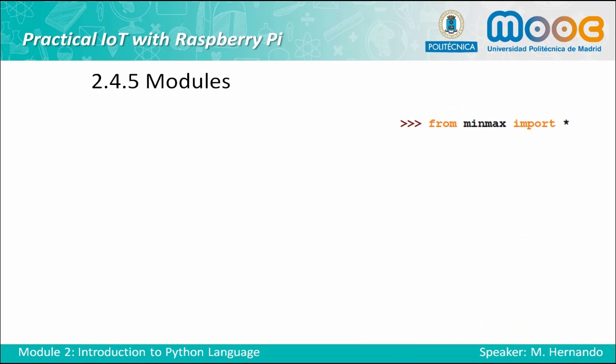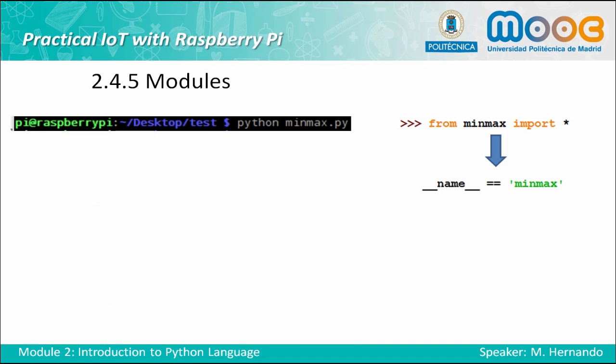When you import a module, the code is executed, and in the module symbol table, a variable name __name__ is created and initialized with the module name. But you can also run a Python module from the command line, as we have seen in the first session. The code in the module will also be executed, just as if you imported it, but with the variable __name__ set to the value __main__.